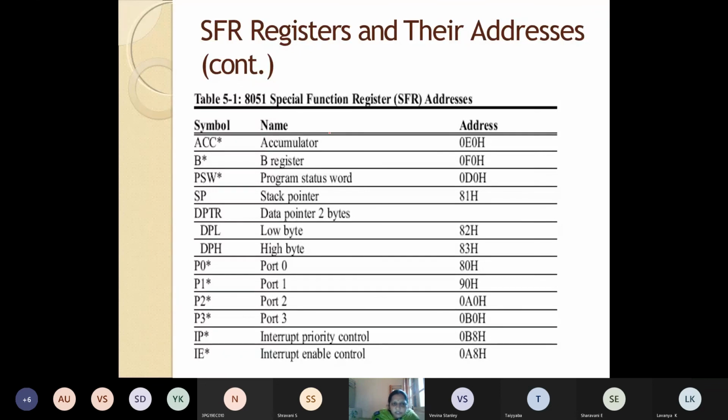Some of the special function registers and their addresses are specified. We have already seen this earlier, but let's look at it one more time.